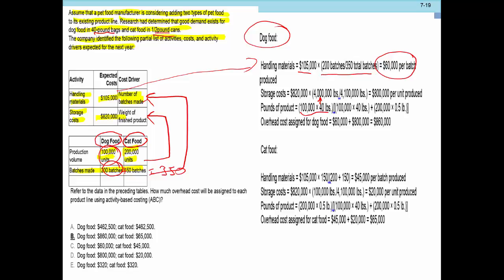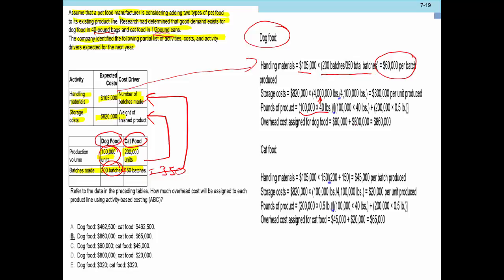And then for the cat food, they're making 200,000 of those. Oh, we're not ready for cat food yet, because we're stuck on dog food right now. So we're just going to do the dog food right now. So that's 4 million pounds.